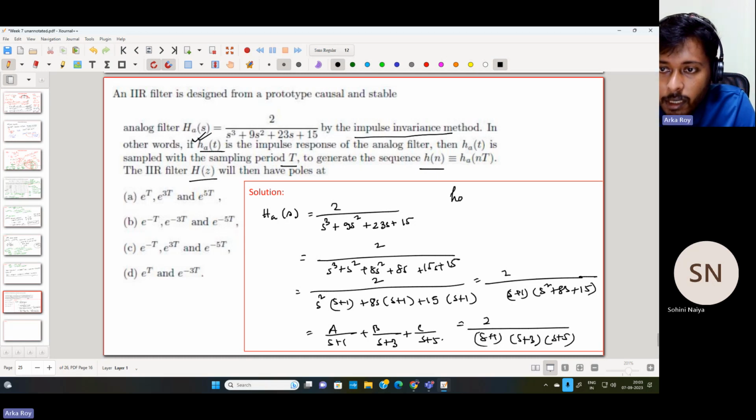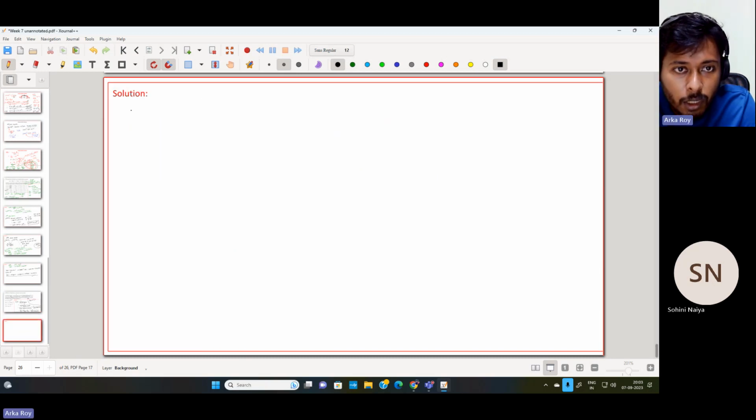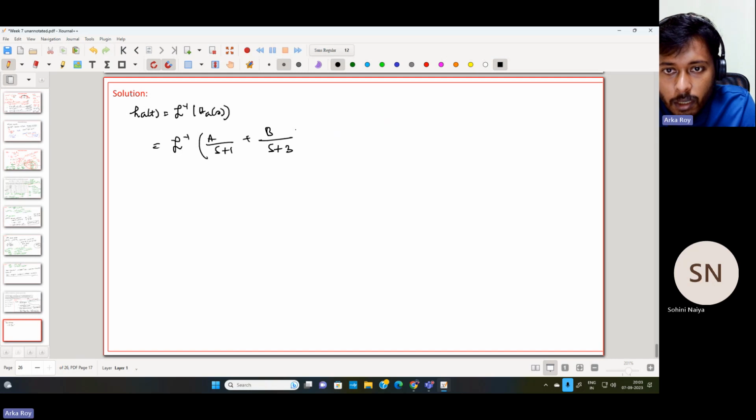So h(t) I will get from the inverse Laplace transform of H(s). So in the next page, if I proceed, h(t) is the inverse Laplace transform of H(s). So I can write it as inverse Laplace of A by s plus 1, B by s plus 3, C by s plus 5.